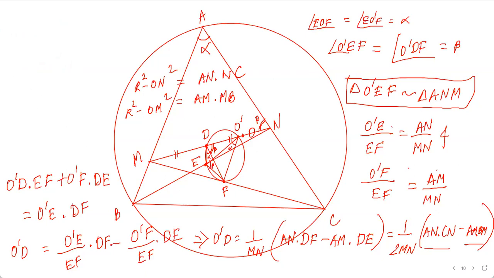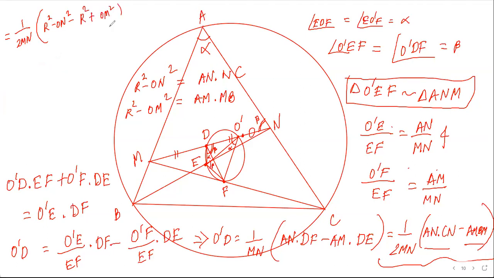So now I'm continuing with this thing, that is equal to 1 by 2MN. AN CN is this r square minus ON square minus this AM MB is r square minus OM square.